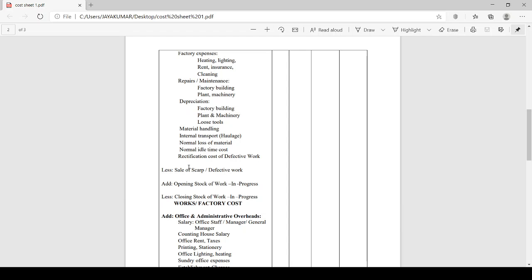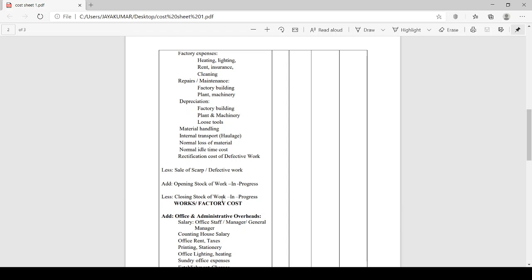Now from this, we'll have to deduct the sale of scrap or defective work, which means if we are selling scrap items or any defective items, we get some money, so that has to be deducted from that. Then there is an adjustment regarding the work in progress. Add opening stock of work in progress less closing stock of work in progress.